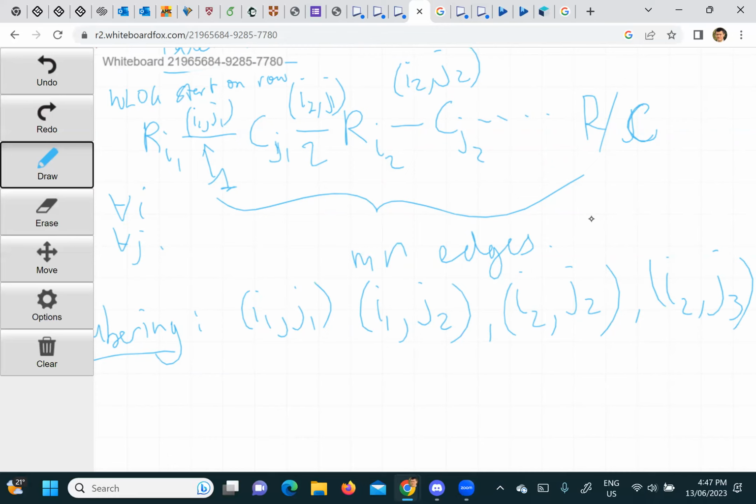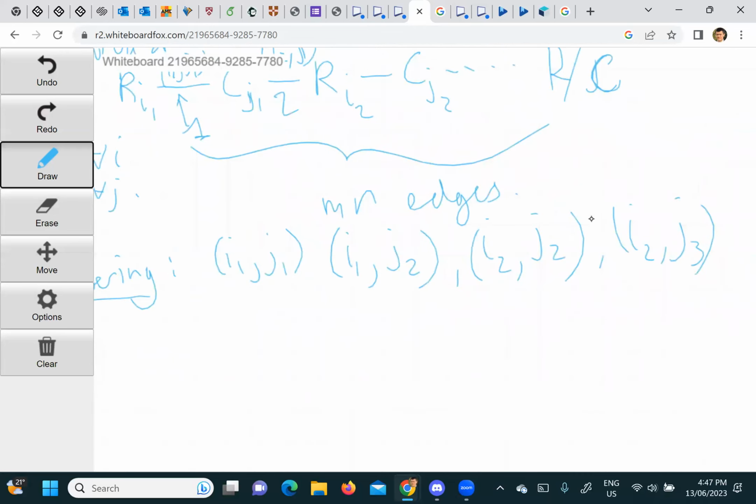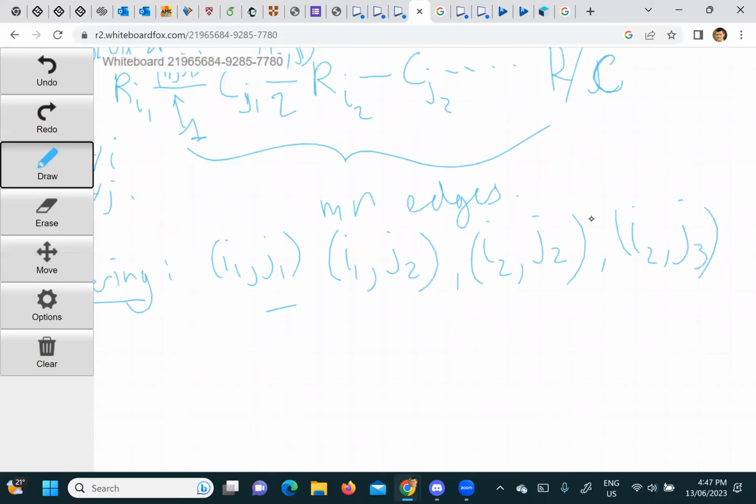If that's how the numbering is, you can define an Euler trail by using these as the edges. You take Ri1 goes to Cj1.